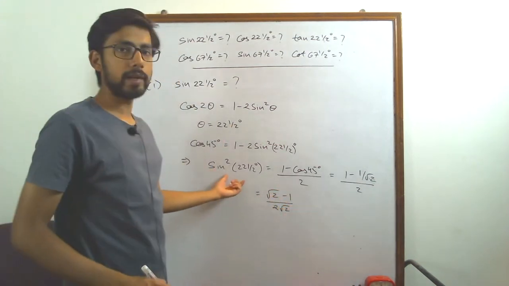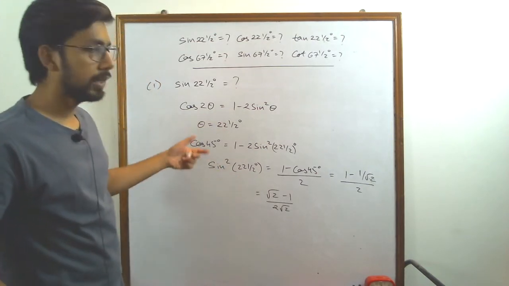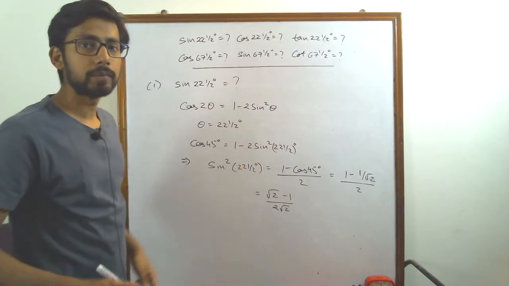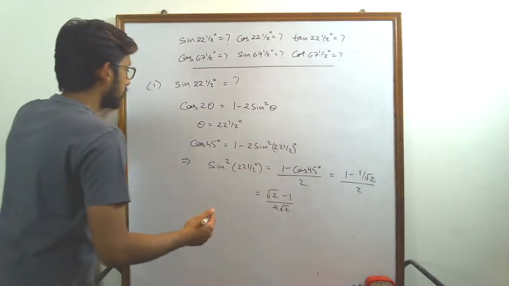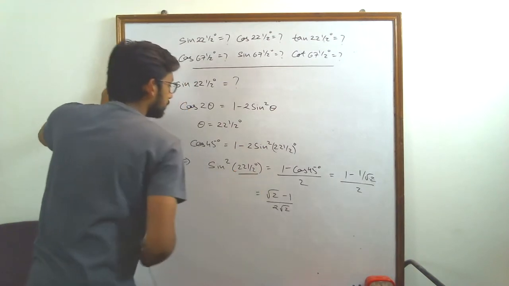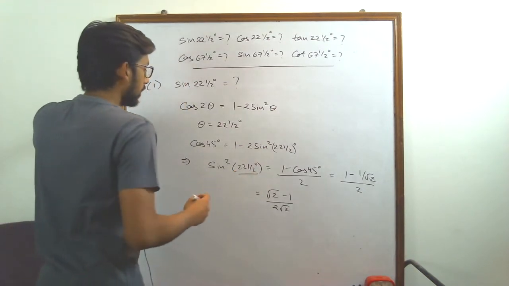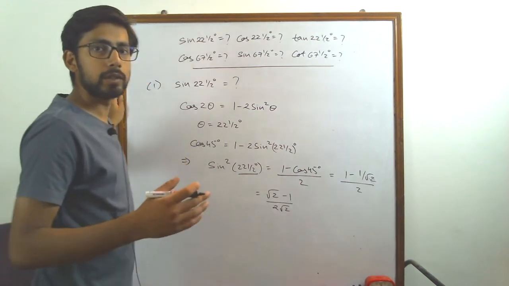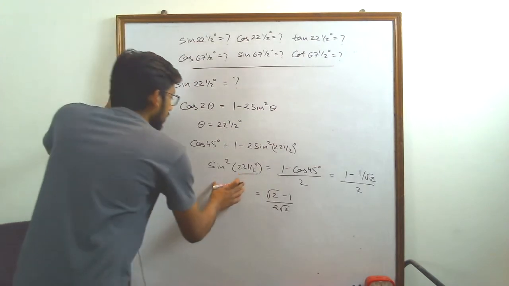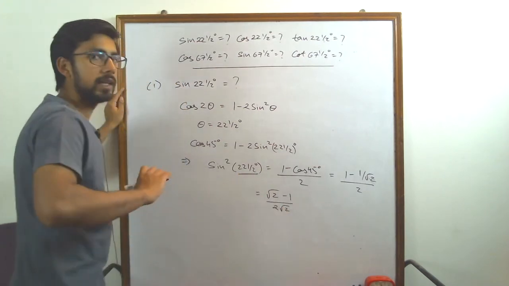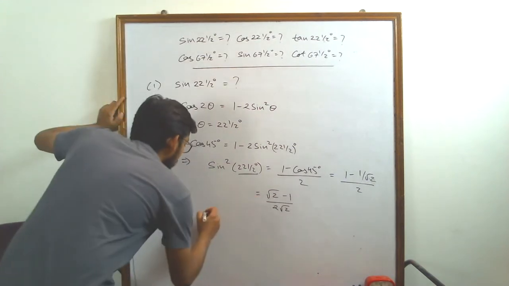Now we have a square sign here. So if I take the square root of both sides, I should put a plus minus sign, correct? But since 22.5 degrees is in the first quadrant, it is an acute angle, the value of sine 22.5 will be positive. That's why if I take the square root, I will eliminate the negative value and only take the positive value.